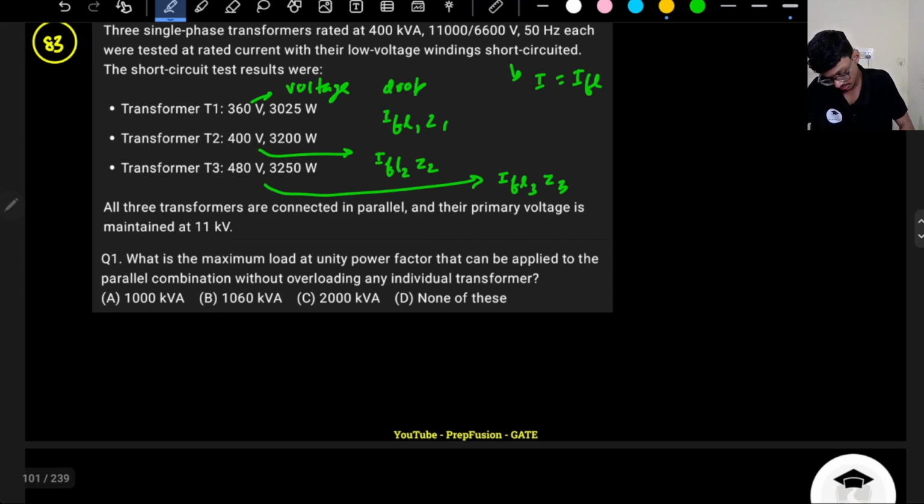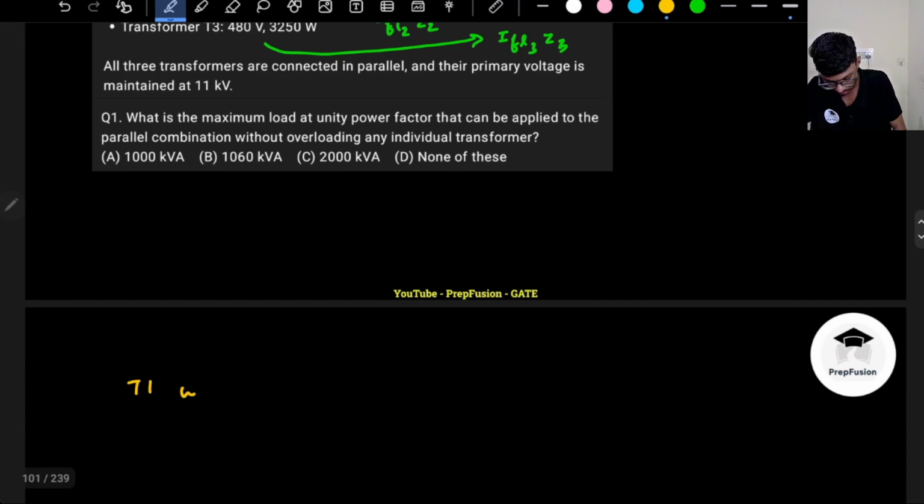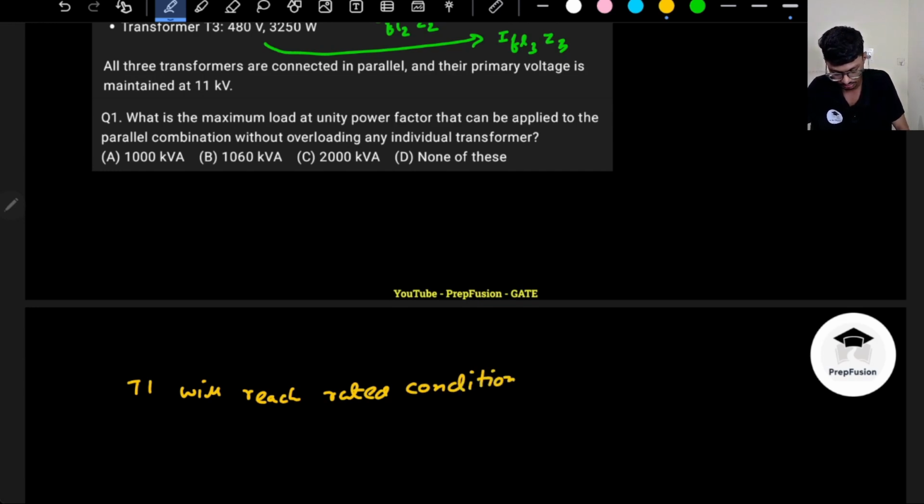So this is the lowest value. So I can safely say that T1 will reach rated condition first. So these kinds of questions will come. Very good question.